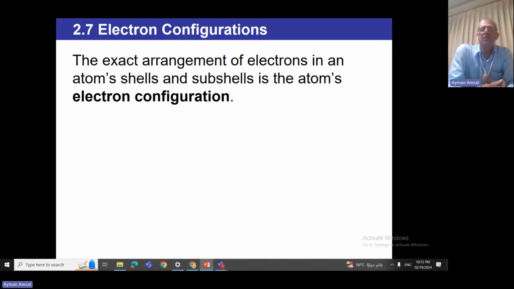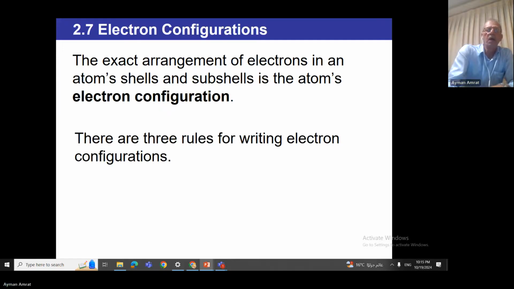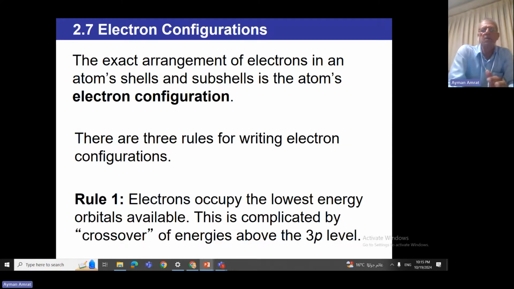The exact arrangement of electrons in an atom's shells and subshells is the atom's electron configuration, or electronic configuration. There are 3 rules for writing electronic configuration. Rule 1: start filling the electrons with the lowest energy orbital available. Electrons occupy the lowest energy shell. This is complicated by crossover or overlap of energy above 3p.